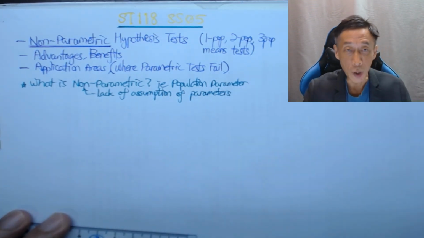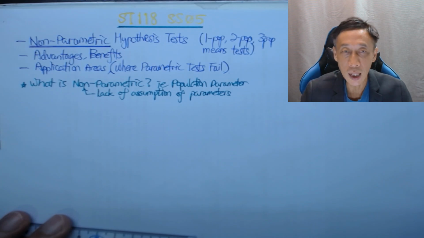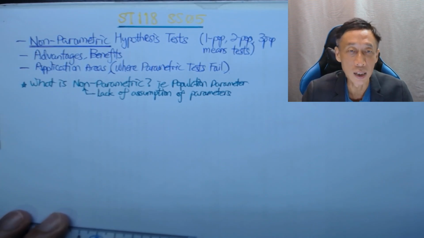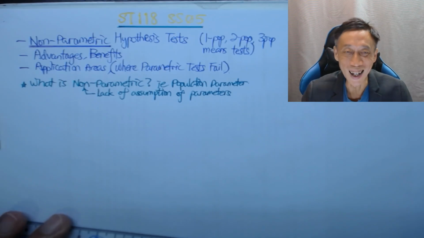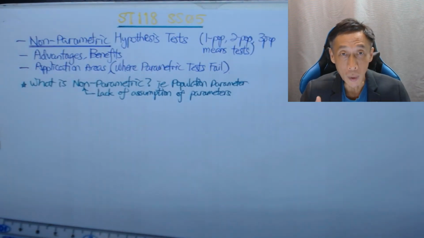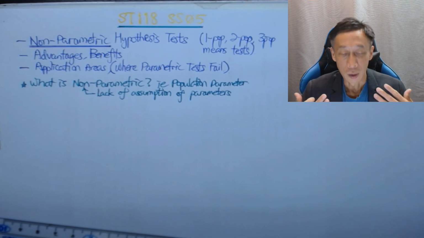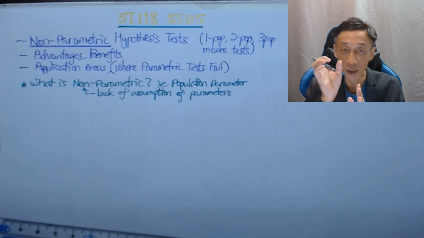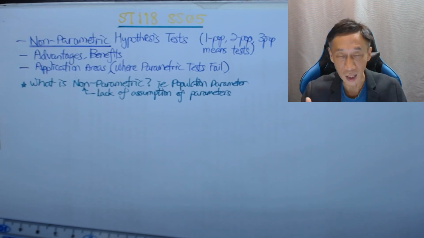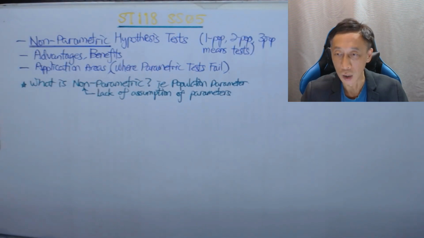So population mean: in a hypothesis test, we need to have a hypothesized value, and we need to assume that the data follows a normal distribution with a certain mean and a certain standard deviation, right? And if we lack knowledge of the standard deviation, we use the t distribution.